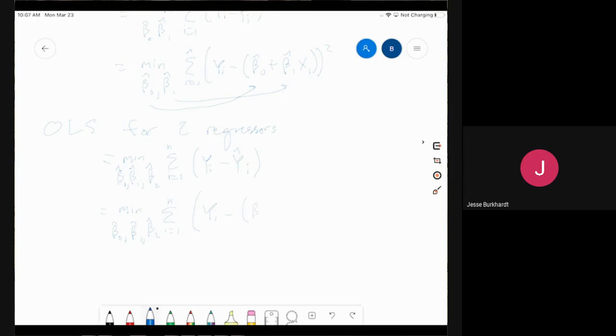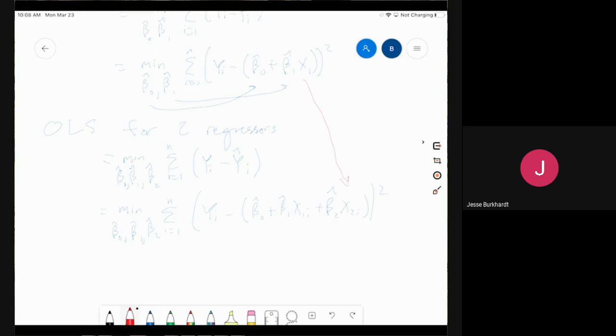So y hat i now is equal to this. It looks a little different in that we now have a second regressor that we've added. That's the only difference.